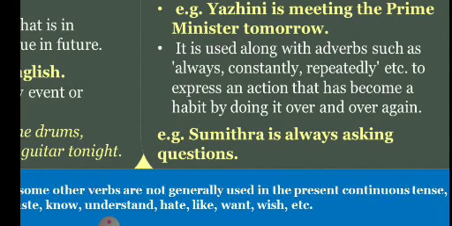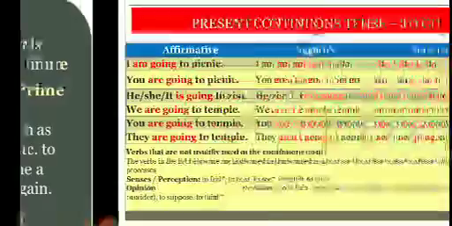He is constantly talking. I don't like them because they are always complaining. Here, just see, they are all used with negative emotion. Sumitra is always asking questions.